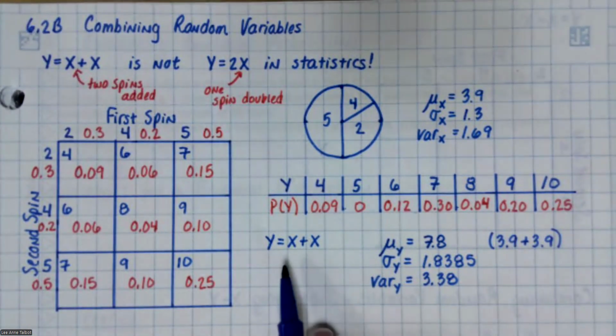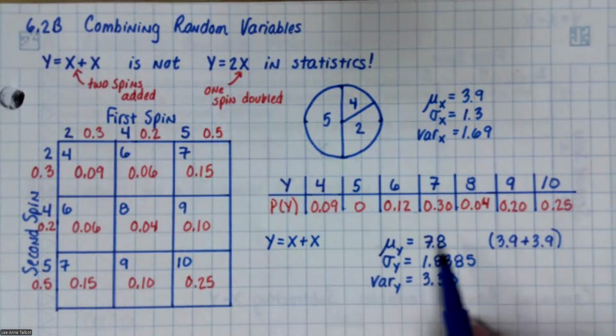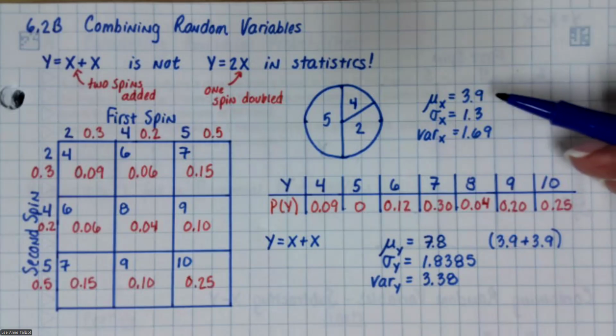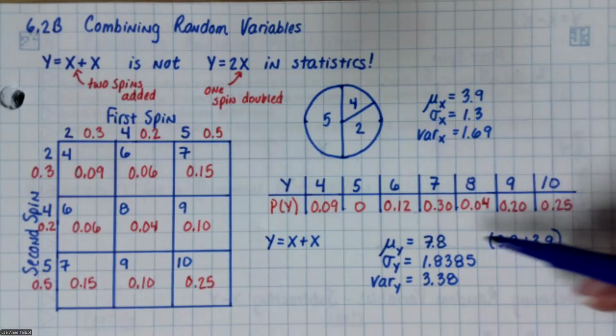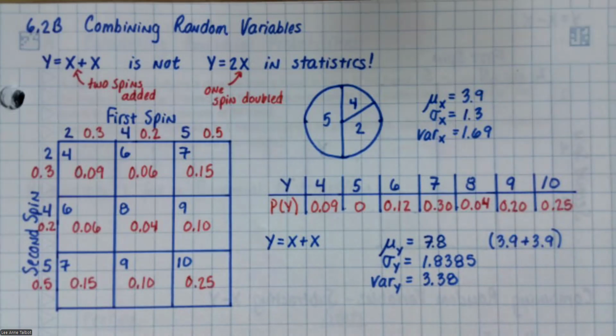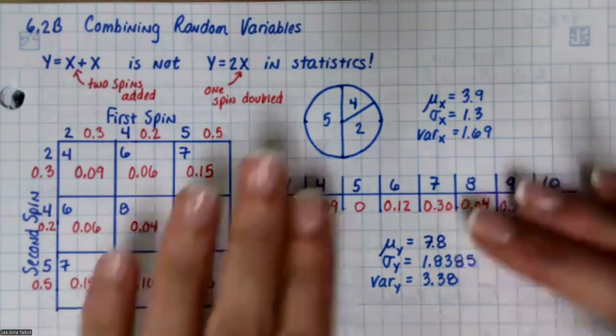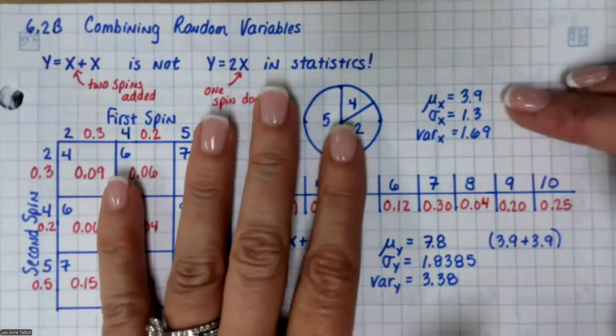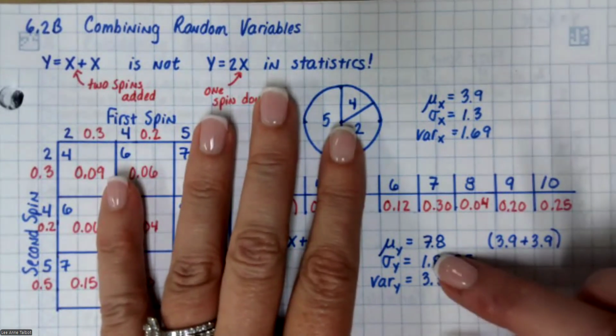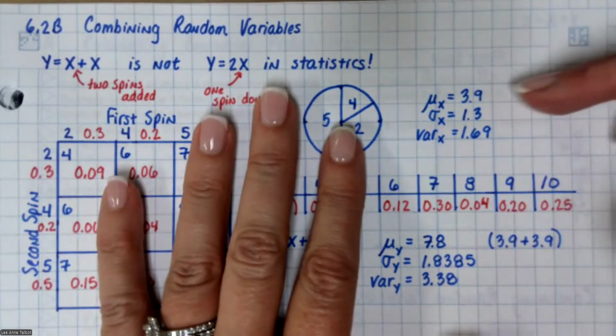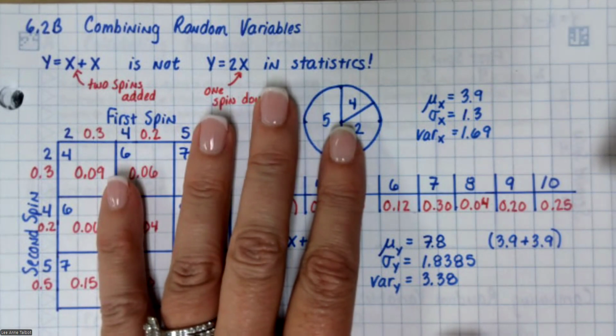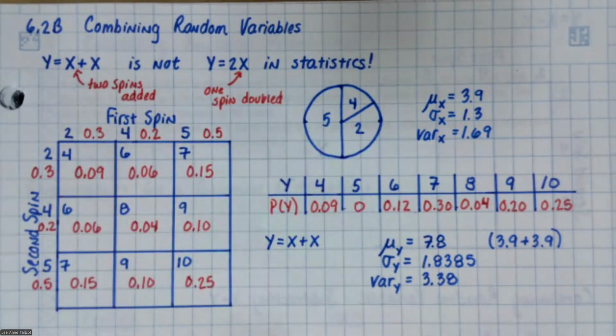So x plus x. So 3.9 plus 3.9 is 7.8. So what I'm saying is, if you have just one spin, you can actually get this by just adding the mean twice. Correct. Okay, hold on that thought.